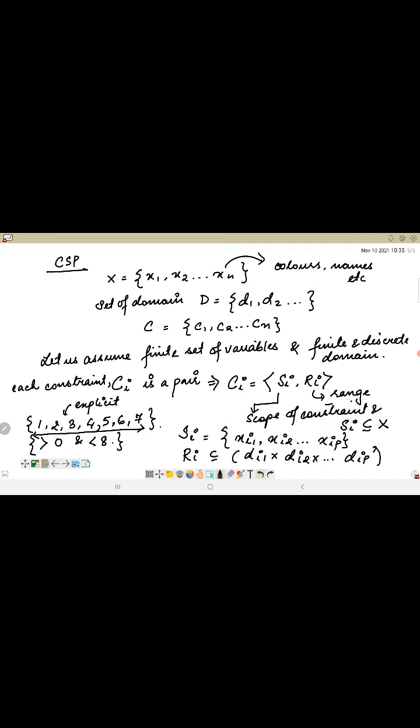Now considering the solution to a CSP, this can be formally defined.